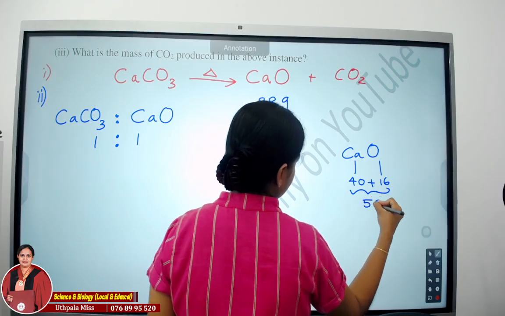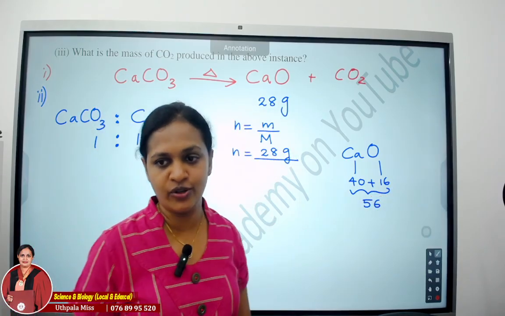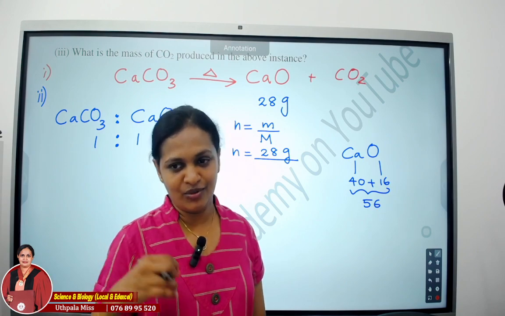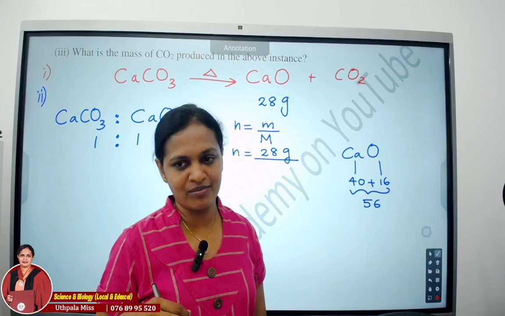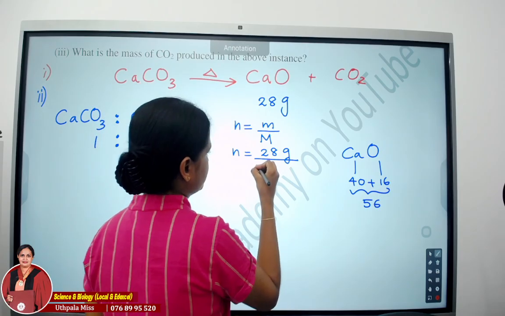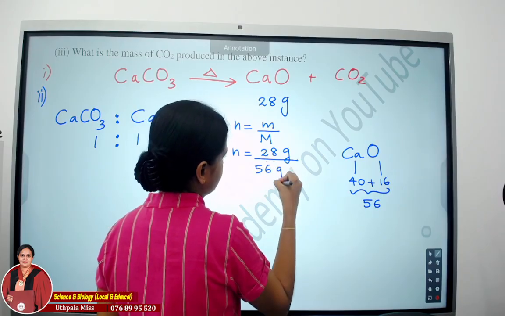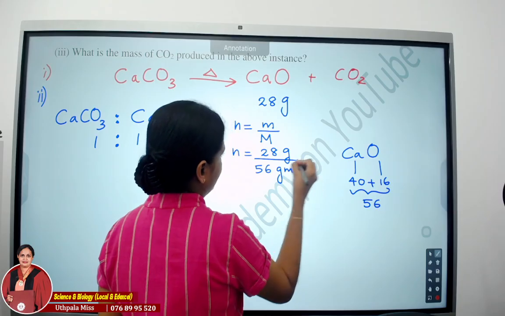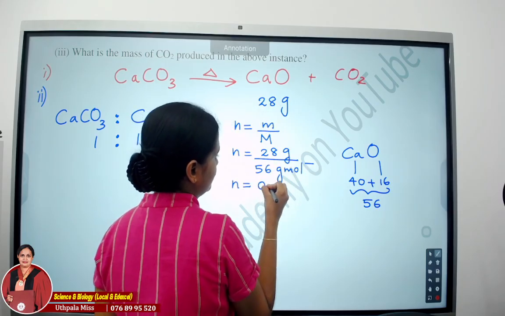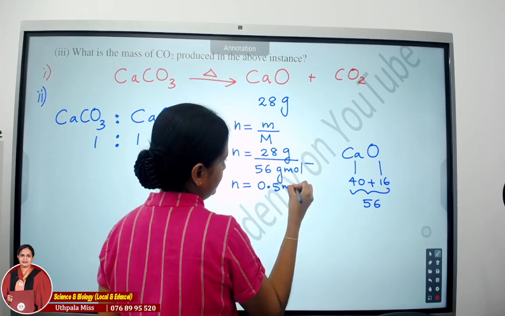Altogether 56. That is the relative molecular mass of calcium oxide. Then to take the molar mass, you have to take it in grams. Molar mass is the mass of 1 mole. අපි කියනවා grams per mole කියලා. 56 grams per mole. එහෙනම් number of moles of calcium oxide is 0.5 moles only.